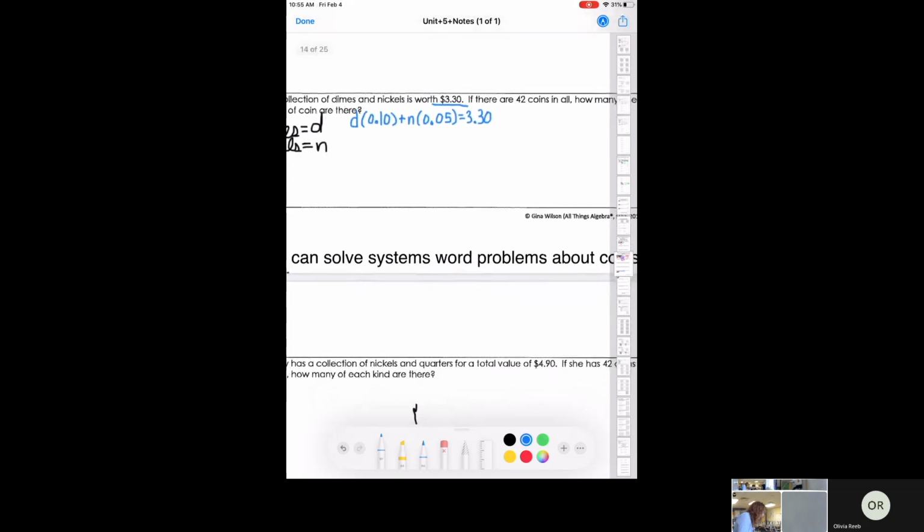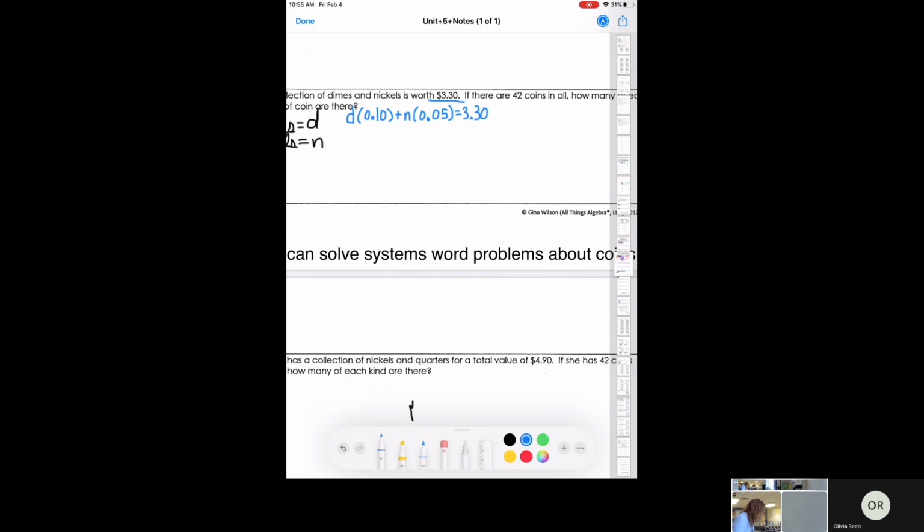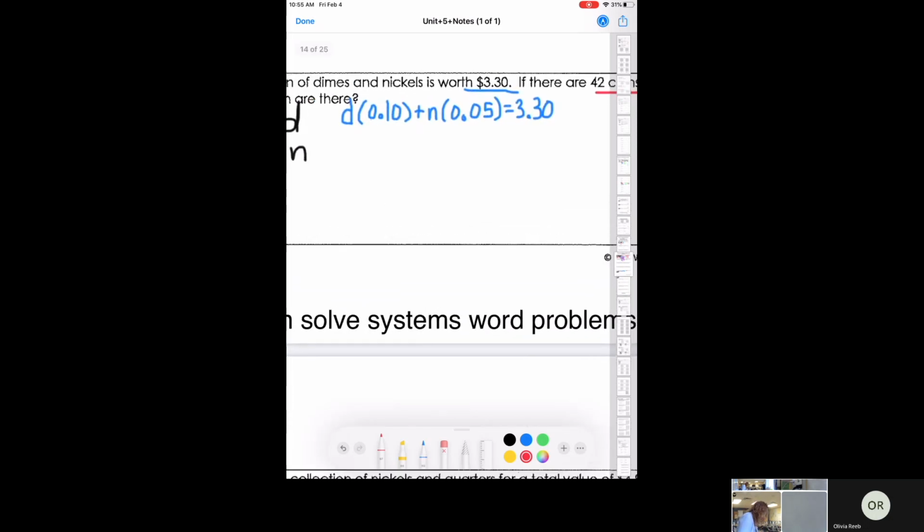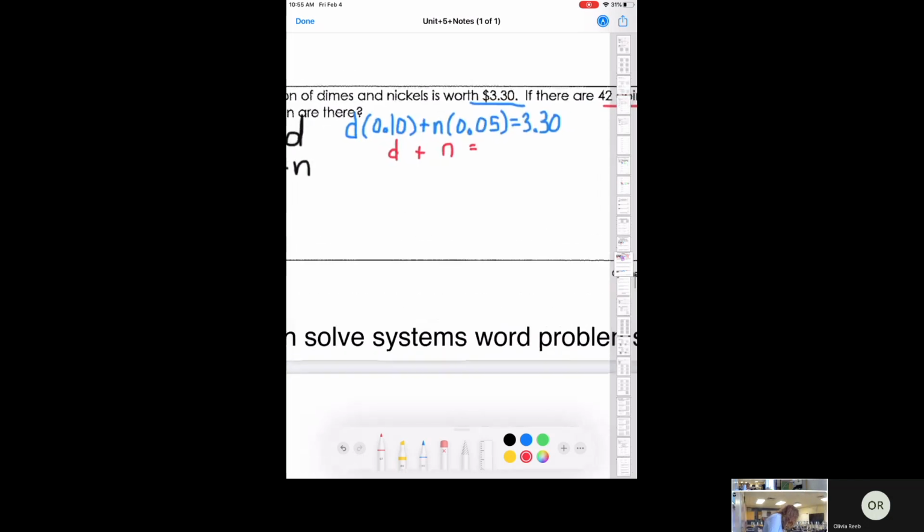Now our second equation says that there are 42 coins in all. Since we're talking about the number of coins, we're going to say the number of dimes plus the number of nickels equals 42.